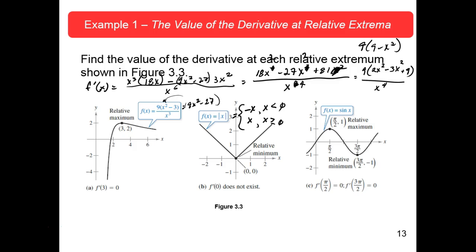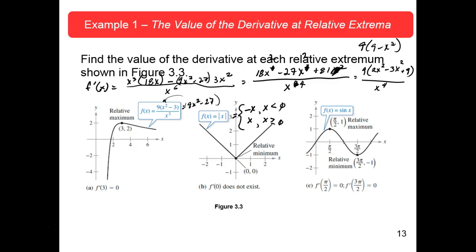That's your relative maximum at pi halves. What's cosine, which is your derivative of sine, at pi halves? 0. Okay? Down here at 3 halves pi.